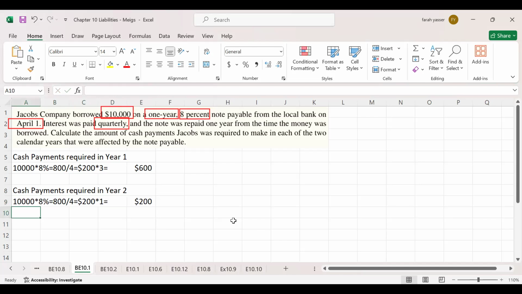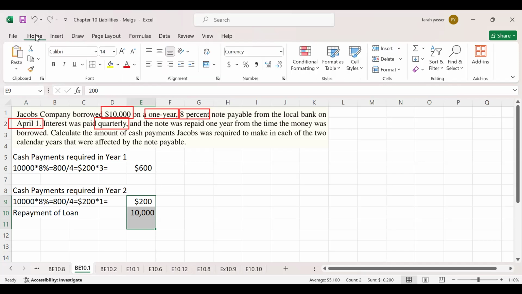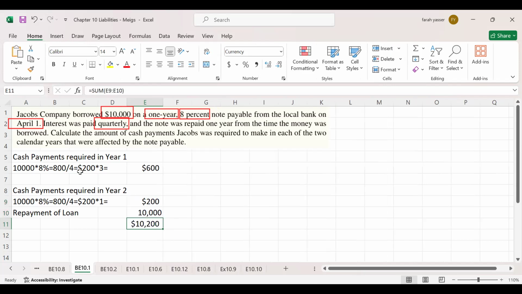And the repayment of the loan, or notes payable, is $10,000. So the total amount required to be paid by the company in year two is $10,200.